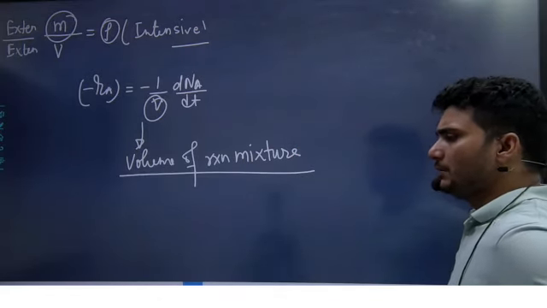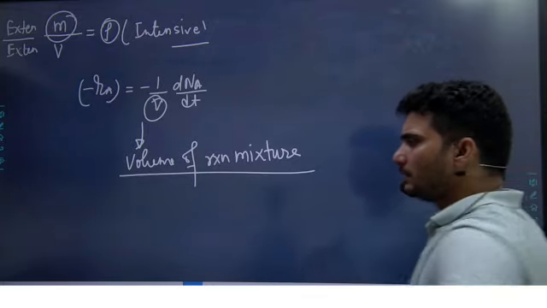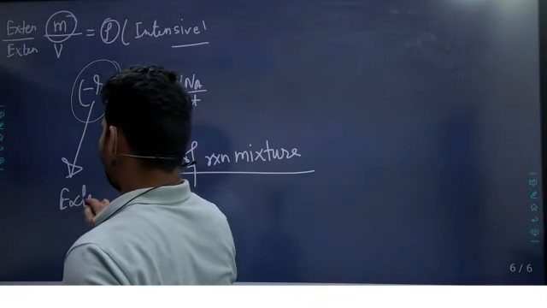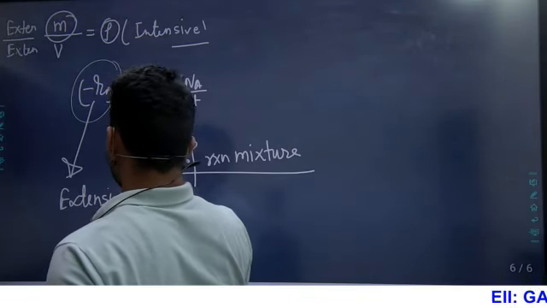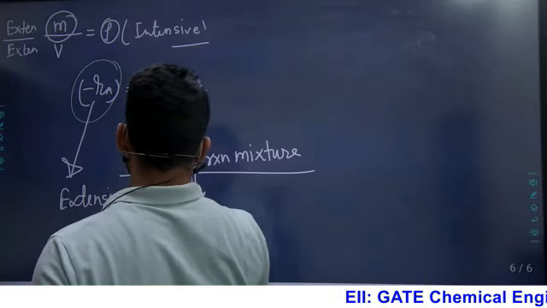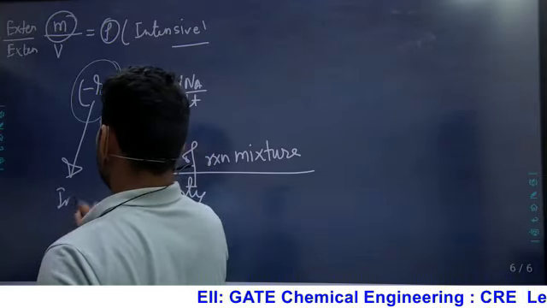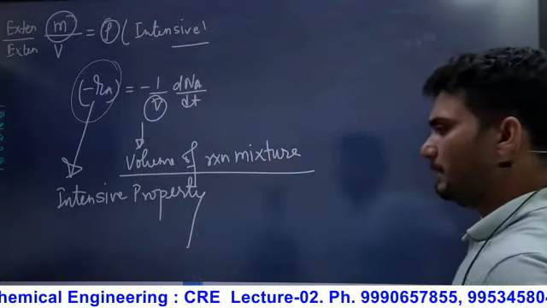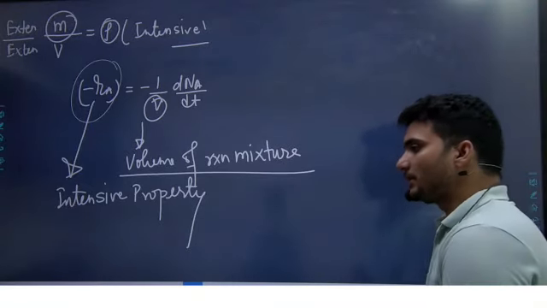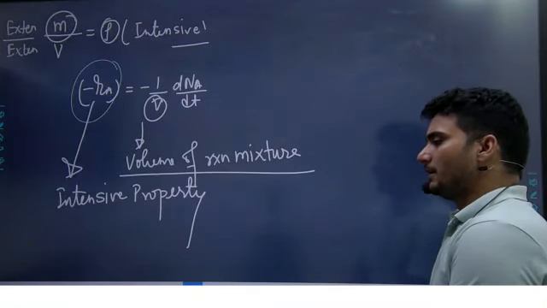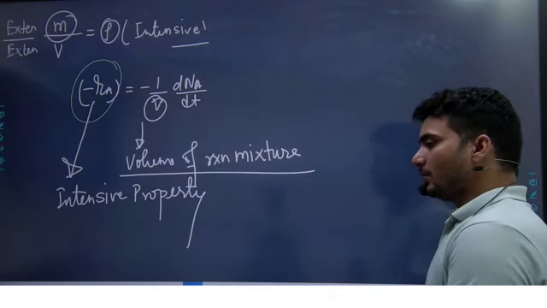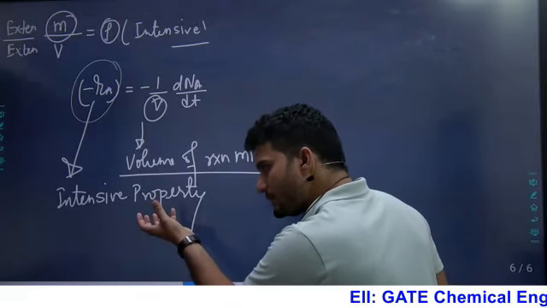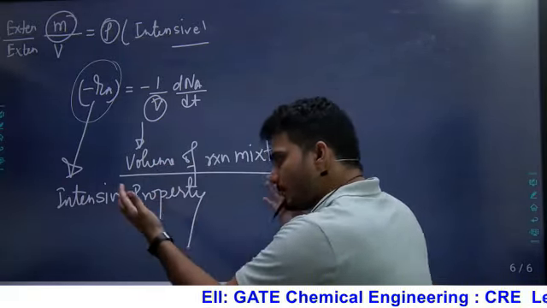Before, it was an extensive property; now it is your intensive property, independent of mass. So now it is not depending on the amount of feed, because with a small amount the volume will be small, and with a large amount the volume is large.